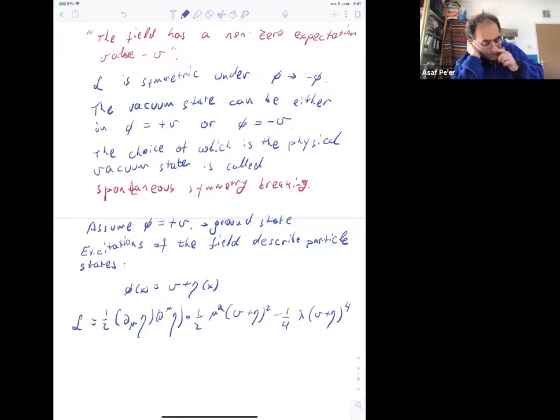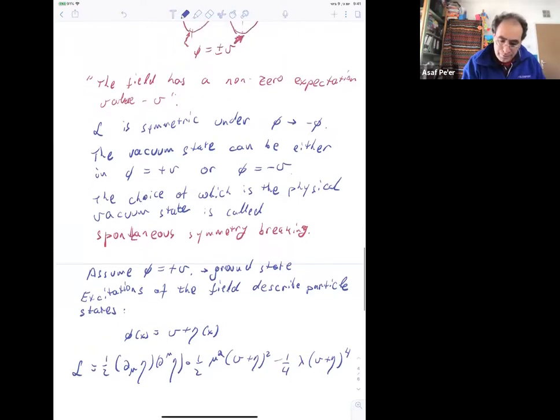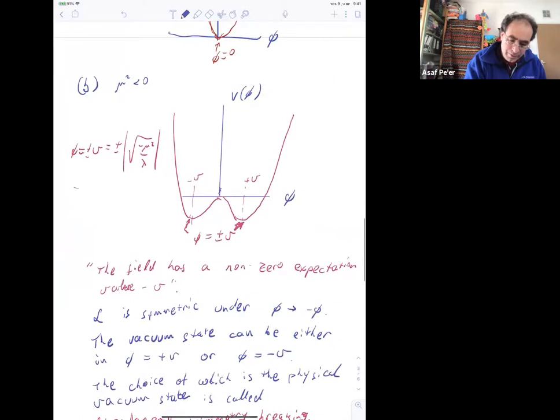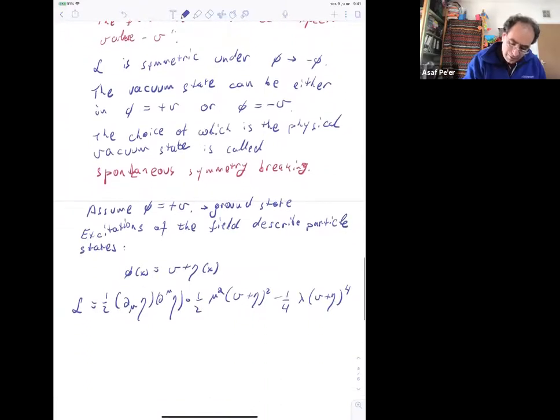We still have the mu squared here, but I don't need the mu squared because I know that the minimum of the potential is right here. So mu squared is minus lambda times v squared. So I can write down mu squared to be minus lambda v squared.